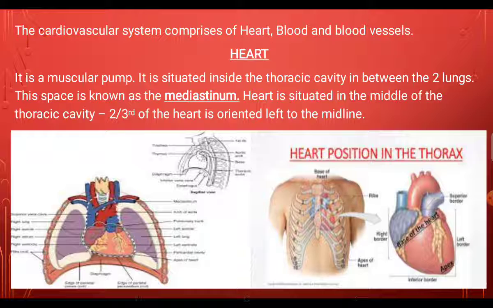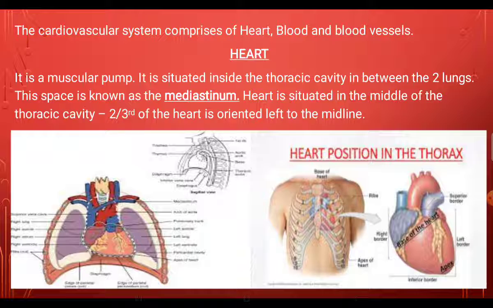The heart is situated in the middle of the thorax and 2/3 of the heart is oriented towards the left from the midline. If we look at this diagram, we can understand it clearly. Your sternum is there at the middle and your heart is almost oriented towards the left side.